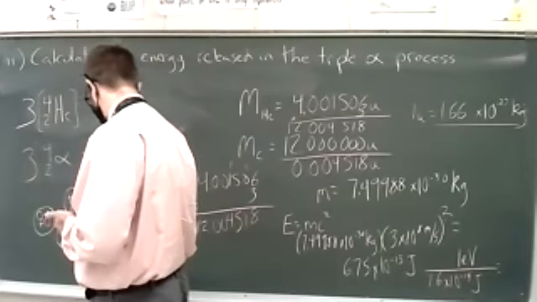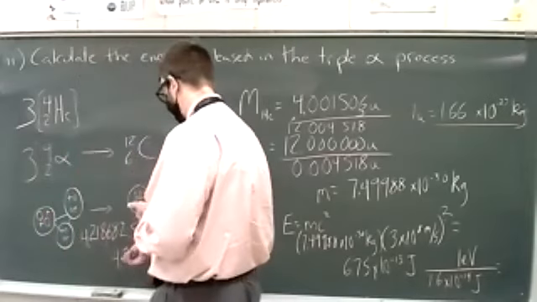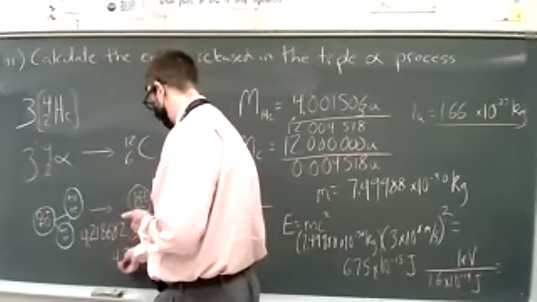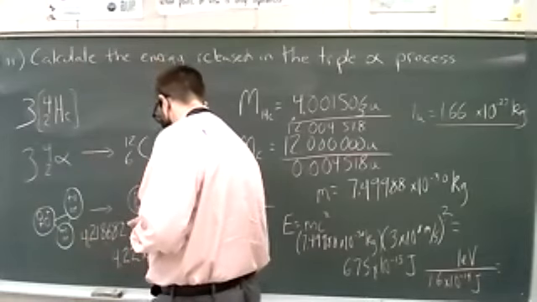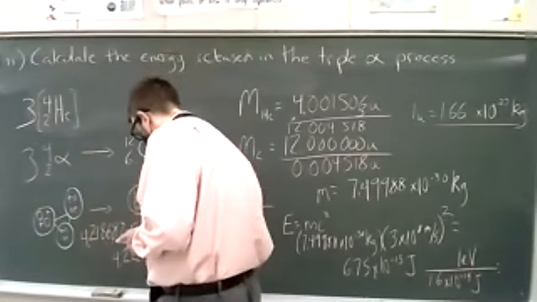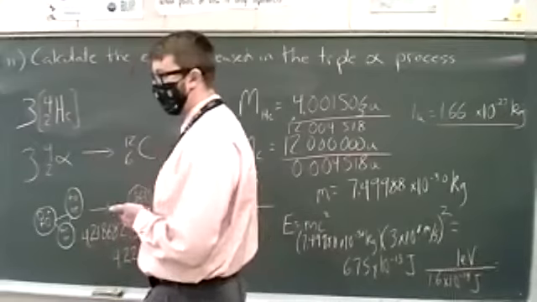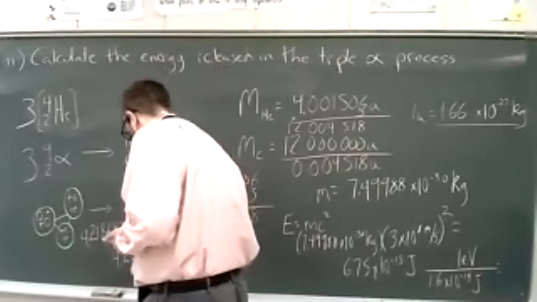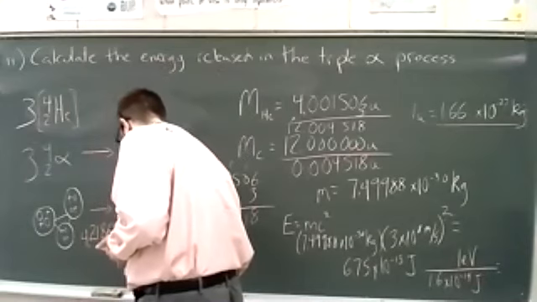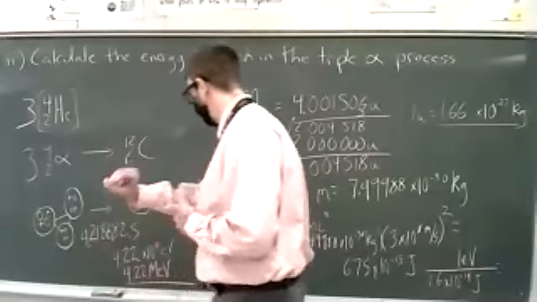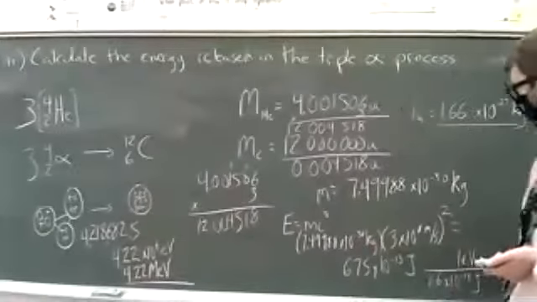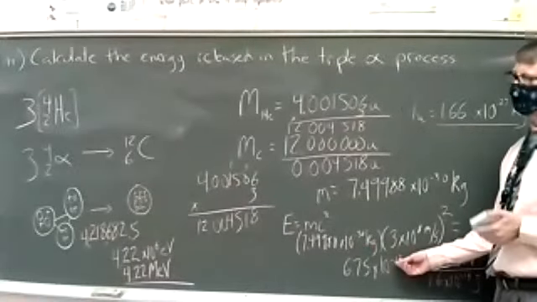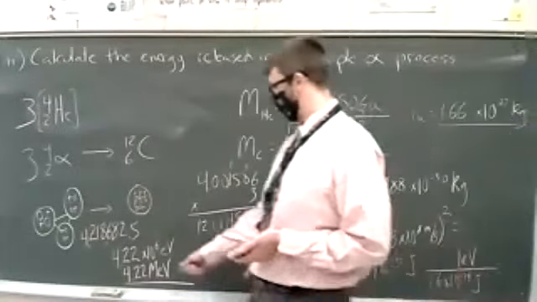So 1, 2, 3, 4, 5, 6. In scientific notation, that number is really 4.22 by 10 to the 6 electron volts. And the capital letter M means mega, million, okay, mega electron volts. So I feel like this is the cleanest way to report the answer. 4.22 mega electron volts. It's better than this 10 to the negative 13 joules, or this by 10 to the 6.